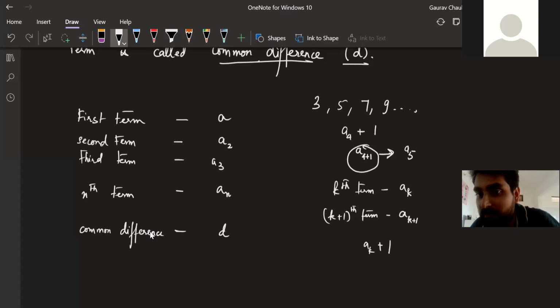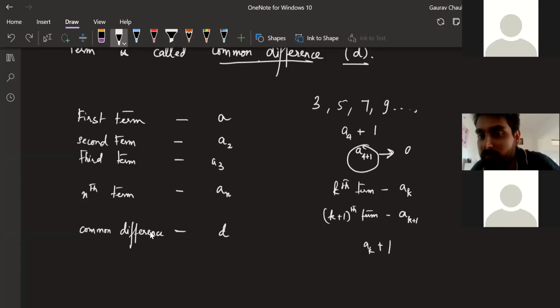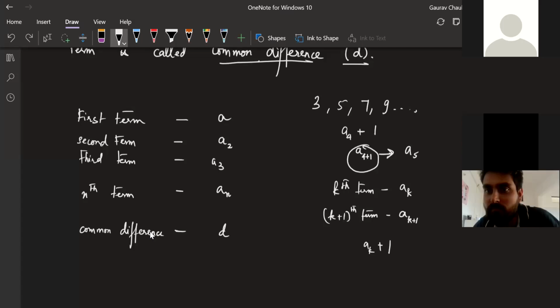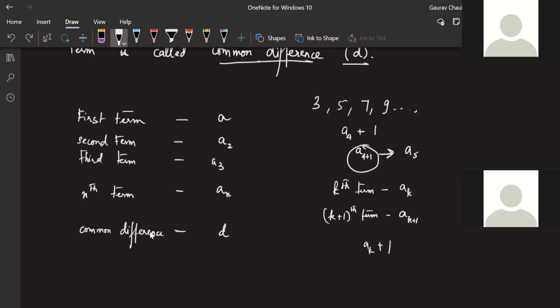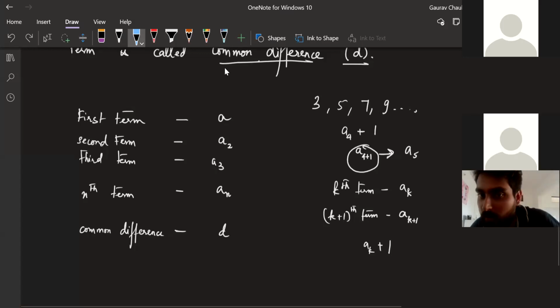Very good. And what will A5 be for this particular sequence? Think for a minute and tell me, what is the first term, Manasa? 3. What is the second term? 5.